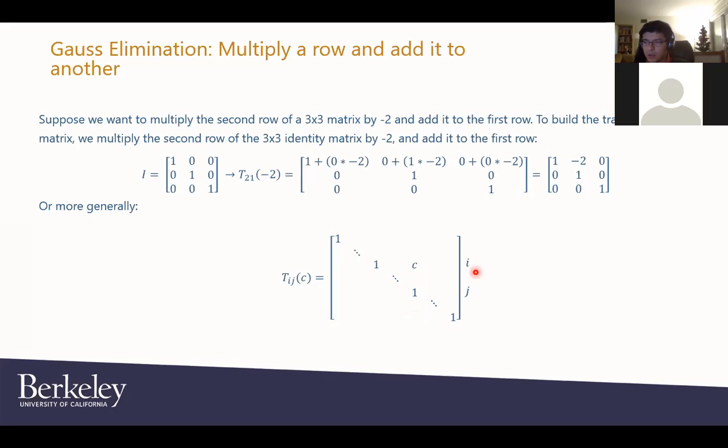Okay, pay close attention to the indices. You will have this presentation while you're working on your project, so you can look at it closely and work out the math by yourself. But once again, this means adding C times the ith row to the jth row.